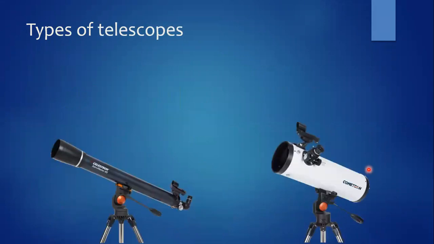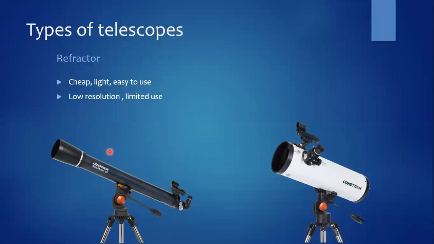Now, type of telescopes or lenses, there are two types. The first one is a refractor, which is the very basic type of lens or telescope. If you have a DSLR with a telescopic lens, then that is nothing else than a refractor telescope. These are cheap, but have a lower resolution, and hence they cannot be used for heavy astrophotography.